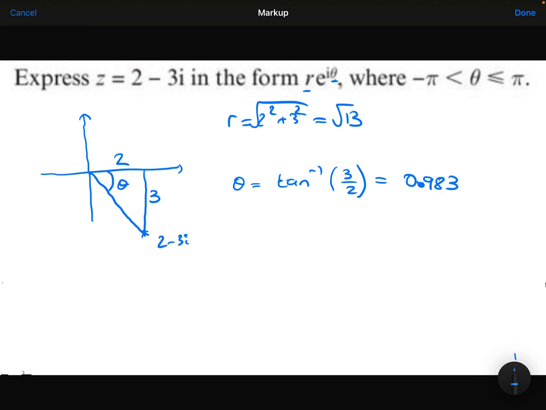But the angle is below the x-axis, so I know my argument is going to be negative. So I'm going to put a minus in front. I can now write down my complex number as being r e to the i theta.